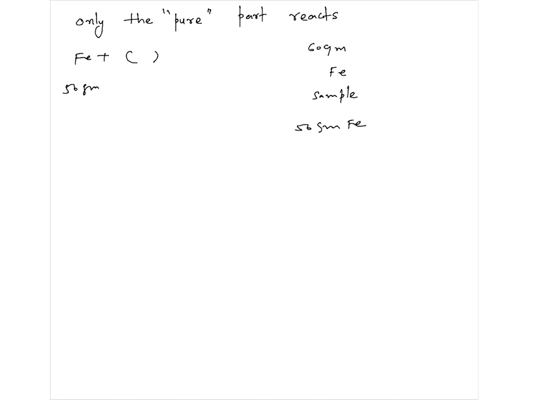If it is 60% pure, then only 60 grams are meaningful for that particular reaction in which iron is going to react. Right? The impure part will not react for that particular reaction.